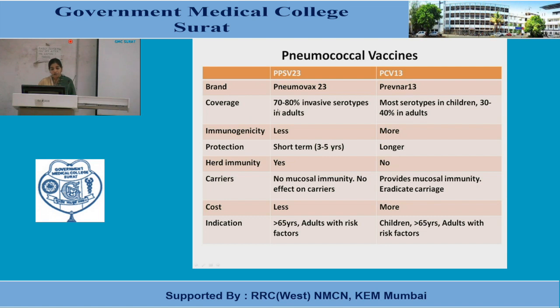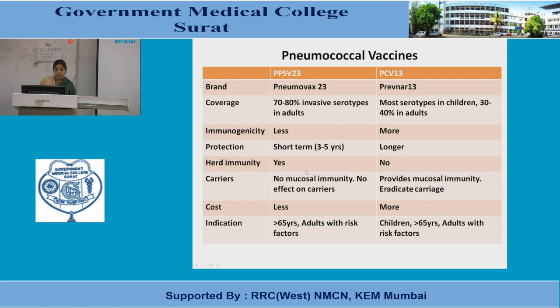Coverage of PPSV23 is 70 to 80% of invasive serotypes in adults, and PCV13 covers most serotypes in children and 30 to 40% in adults. Immunogenicity of PPSV23 is less and PCV13 is more. Protection with PPSV23 is short term, at least 3 to 5 years, and Prevnar 13, PCV13, gives longer protection.